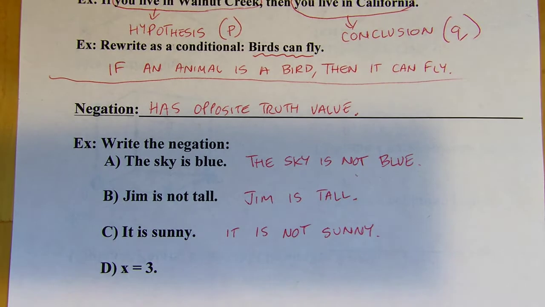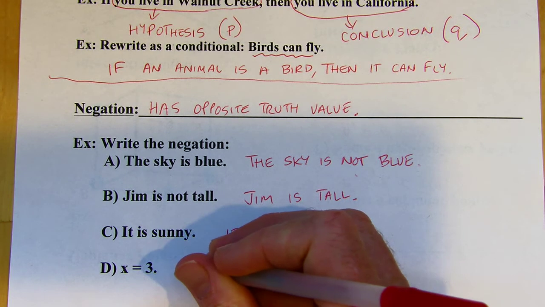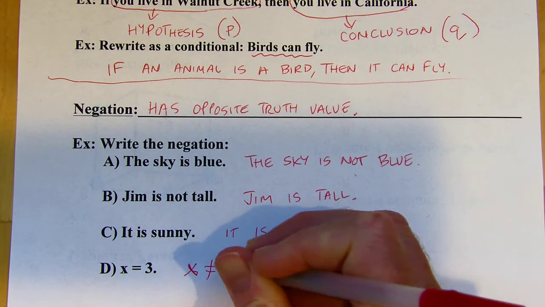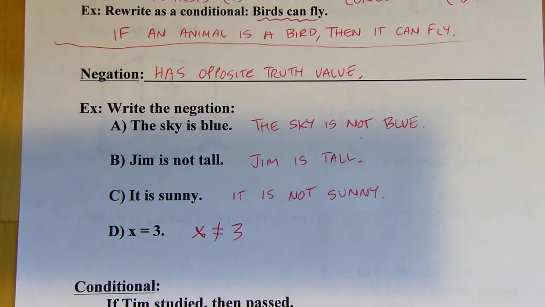And so on my last one, I don't want to say something like x equals 4 and x equals 5 because I want to cover all of the things that could be. So it can be anything but 3. So I could write out x isn't 3, but to do that mathematically, that just means x does not equal 3. x equals 3, x does not equal 3. Those have opposite truth values. They're negations.